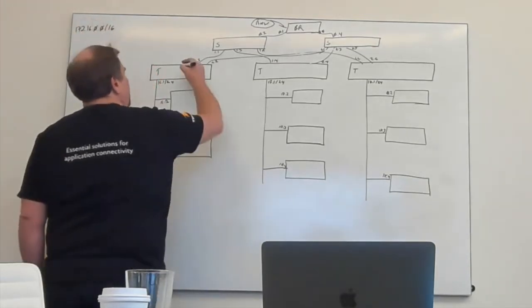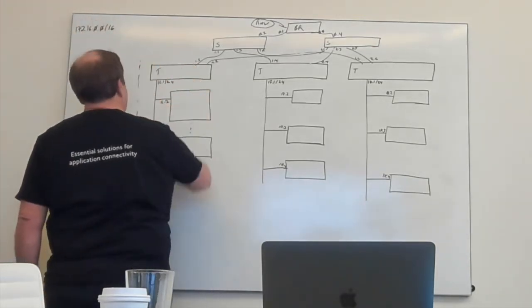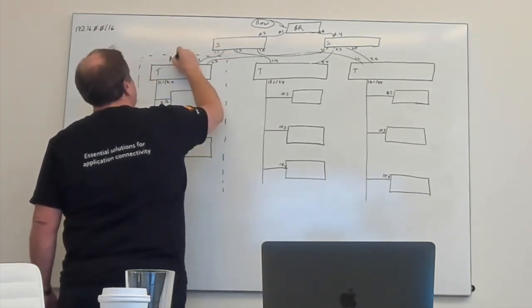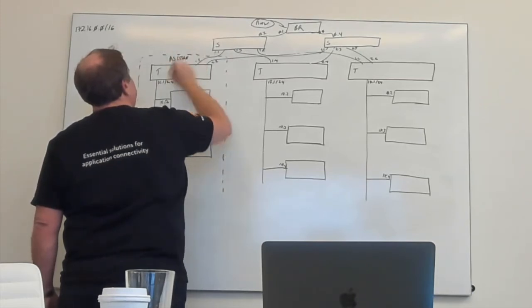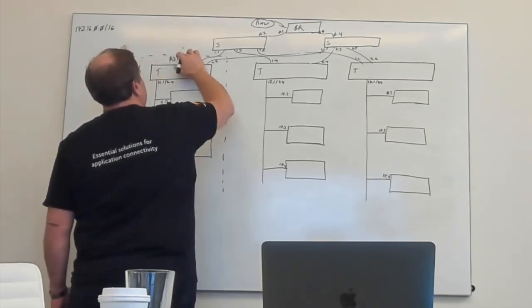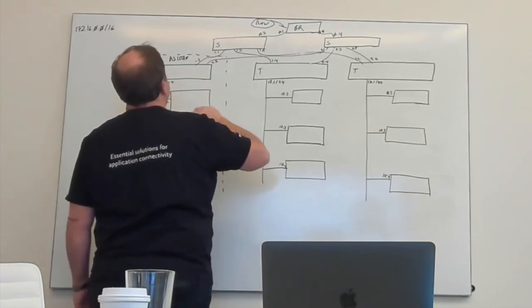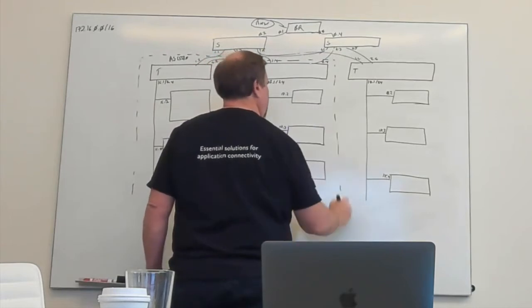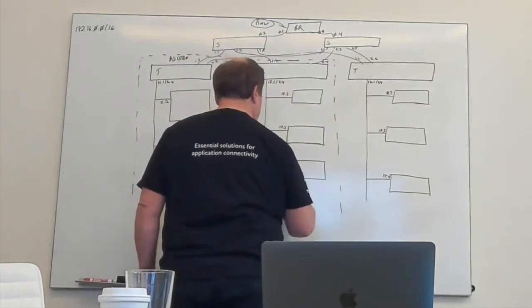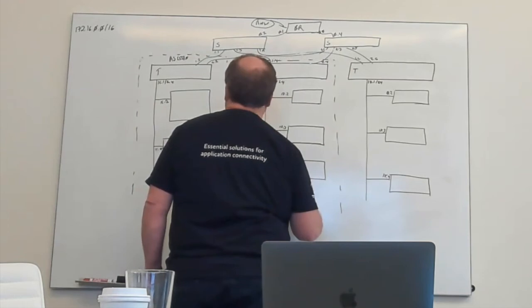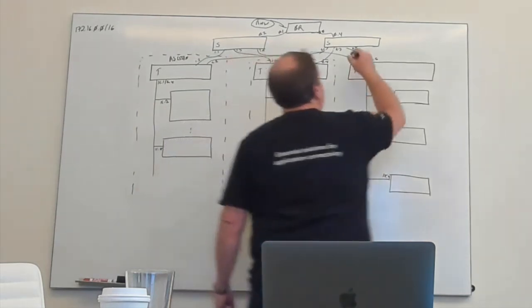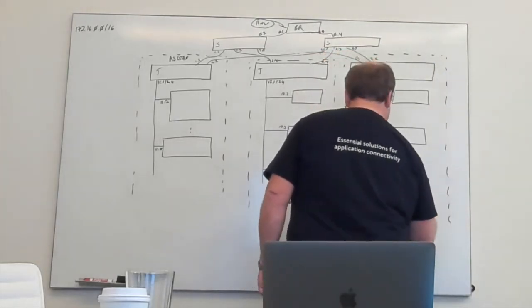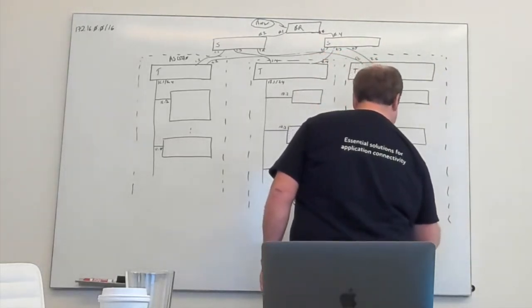So let's say this rack is AS 65510. This rack is AS 65511. And AS 65512.